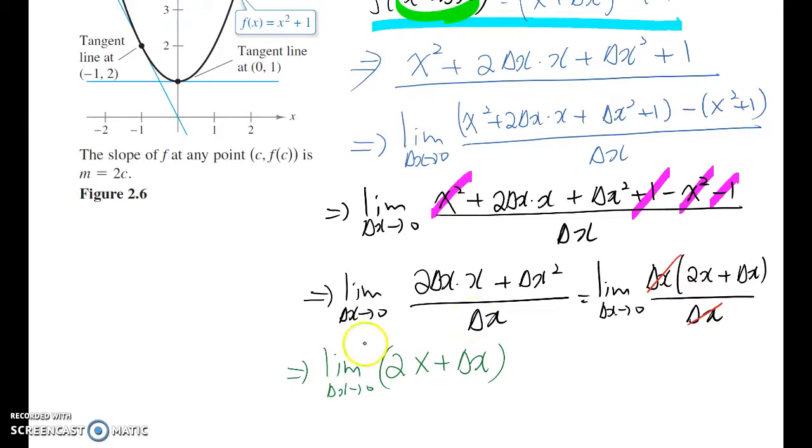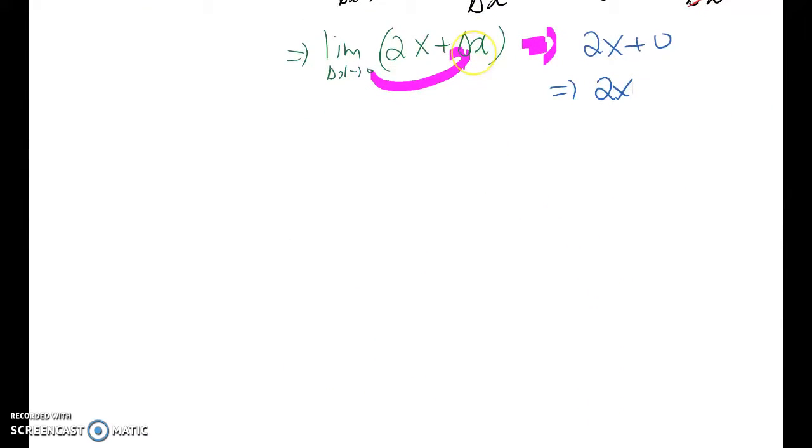Now plug 0 into delta x. Then it's going to be 2x plus 0, which means 2x. Therefore, the tangent line slope m you can define as 2x.